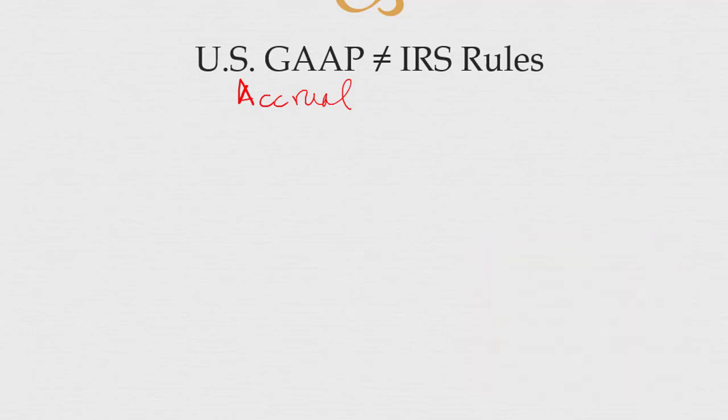Most tax law is based on cash. Not all of it, but most of it. And the primary difference that we're going to see, at least from a financial accounting perspective, looking at tax law, is the difference between accruals and cash. If you keep that in your mind, it will make all of what we're going to talk about much, much easier, especially as we get into the methods.